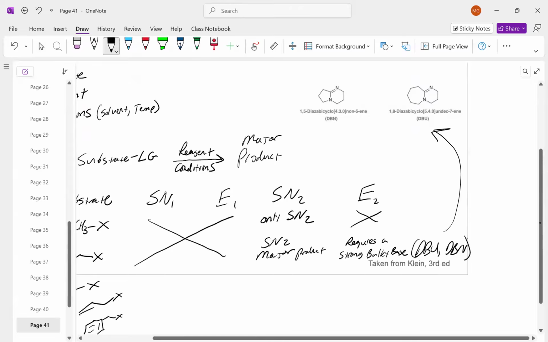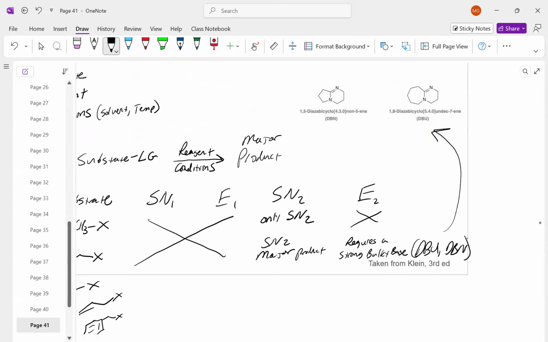You don't need to worry about memorizing those names or structures. Just know the acronyms. Those are what we call non-nucleophilic bulky bases. These are not nucleophiles. They can never be nucleophiles. They act as bulky bases, and that will only do E2 on a primary leaving group.